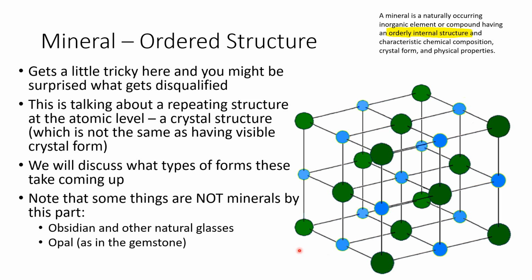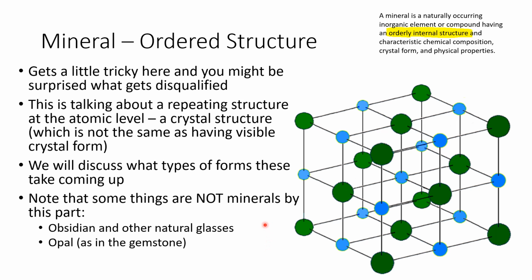That's what gives it all the properties that we're going to talk about. But to be a mineral in the first place, it's got to have an internal structural arrangement of its atoms in an orderly fashion like this, in a lattice. If it doesn't have a lattice, it can't be considered a mineral.